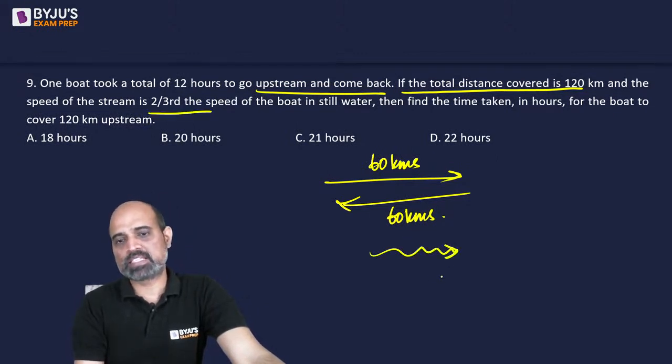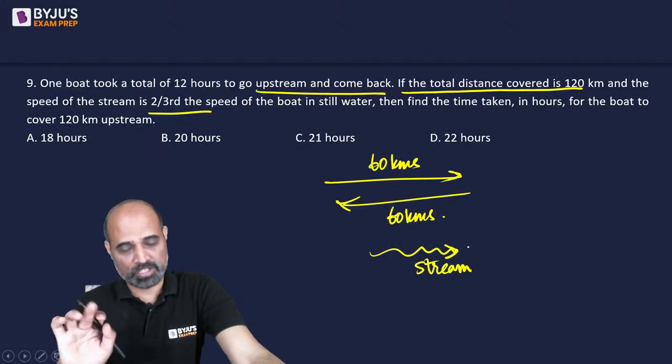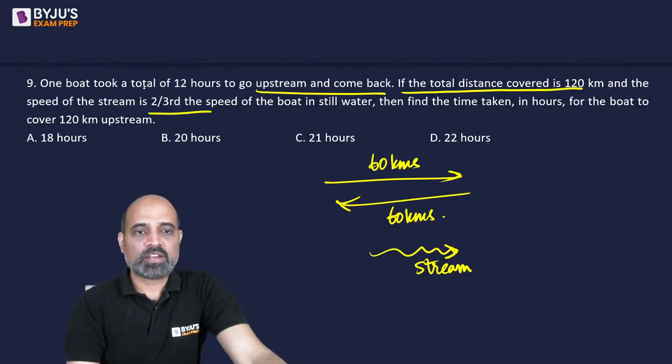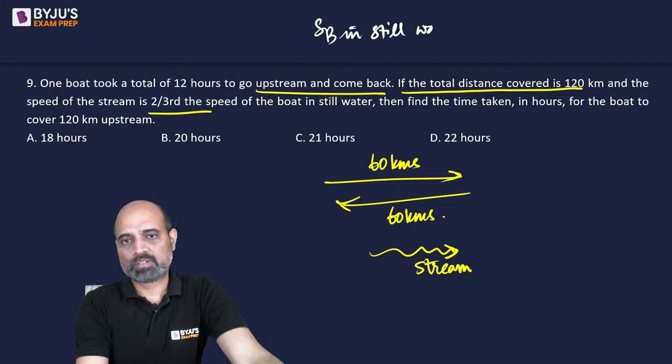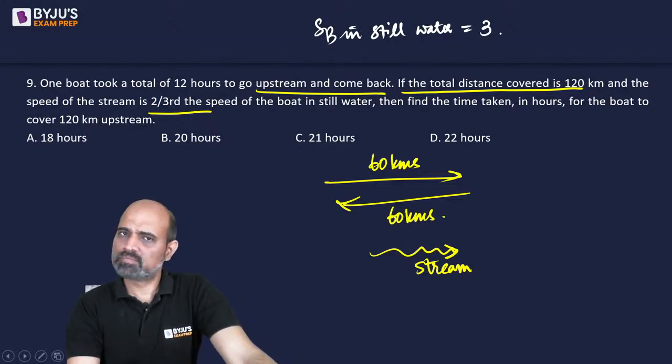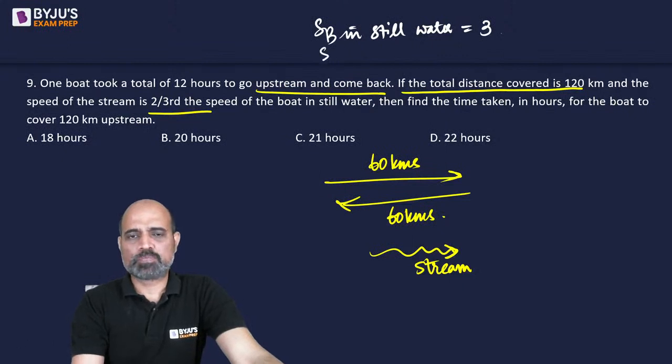So I'm saying this is the speed of the stream. ये stream का direction है, speed नहीं है, direction है. So 2/3. So what I'm going to say is speed of the boat in still water is 3. ठीक है. तो speed of the stream will be 2.